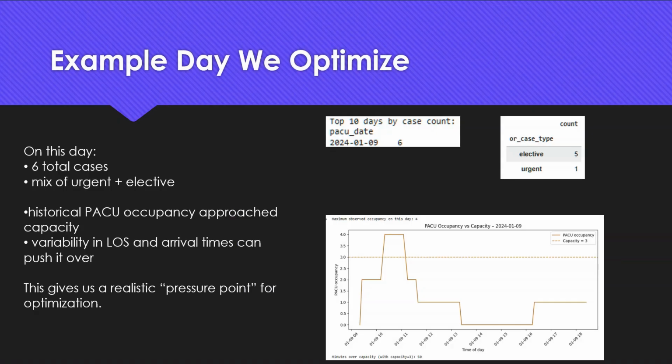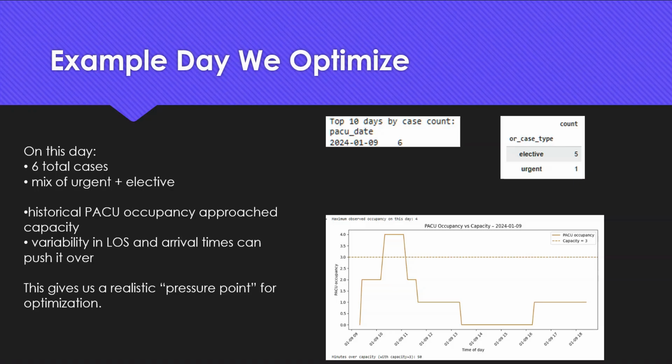So you remember that we had an example historical occupancy view of a day where we had cases on the 9th, okay? And we had 6 cases, 5 were elective, and 1 was urgent on this day. So we had a mix there, and we have some view of what happened with patients getting through that system.